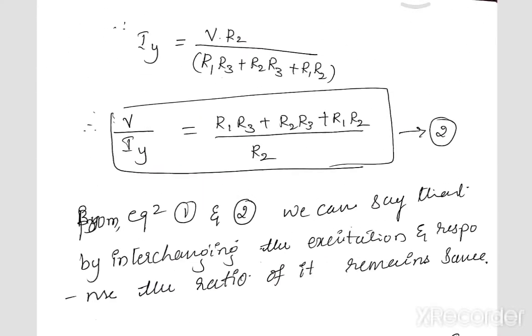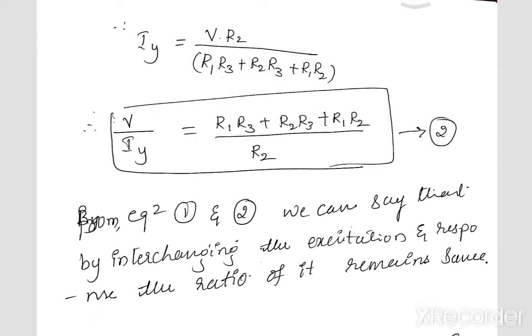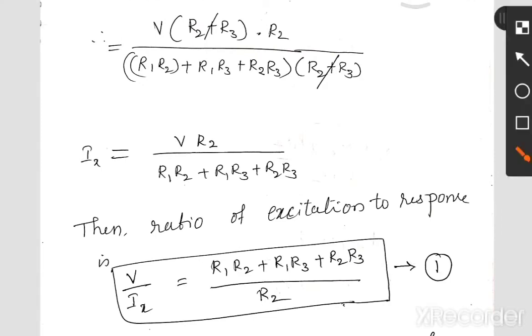Now take the ratio of this. You get V by Iy equal to (R1 R3 plus R2 R3 plus R1 R2) divided by R2. Let's call this equation number 2. Just observe your first equation and second equation.